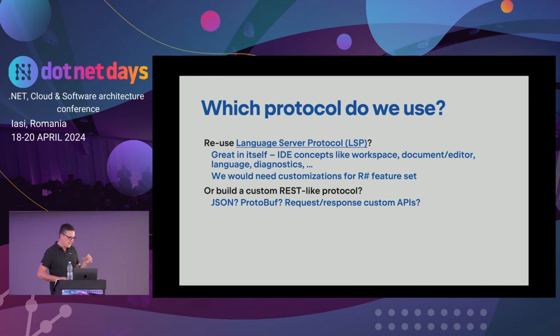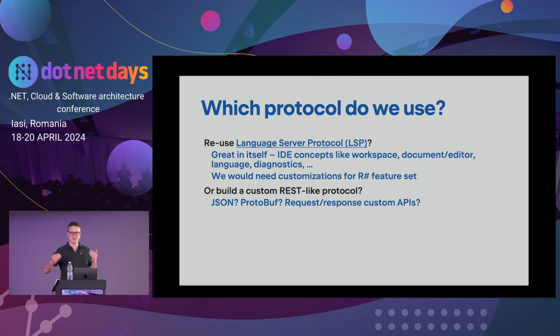However, LSP, it's a cool protocol, but you see it's built for VS Code. And some other IDEs might be reusing it. If you're using Emacs or Vim, you can also use LSP to talk to a backend and show some more interesting things in the editor there as well. But it is really focused. It's a VS Code implementation, essentially, which meant looking at the stuff that ReSharper is doing and IntelliJ is doing, we thought, OK, we will need to customize the protocol a lot because we cannot push every feature over the wire.